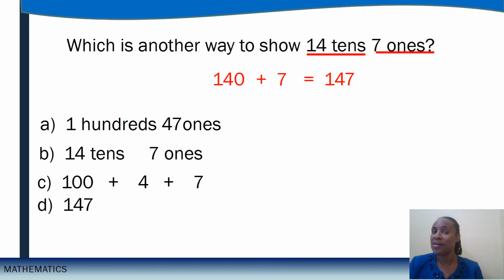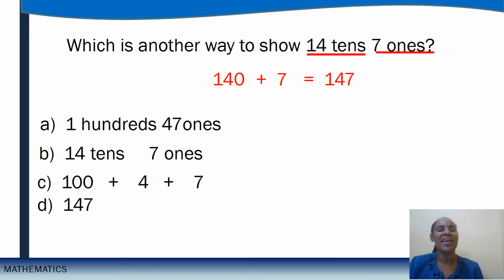Okay, boys and girls, let's check and find out. 100 added to 4 is 104. 104 added to 7 is 111. Boys and girls, is C the same as 147? Excellent. No way. Now let's look at D.